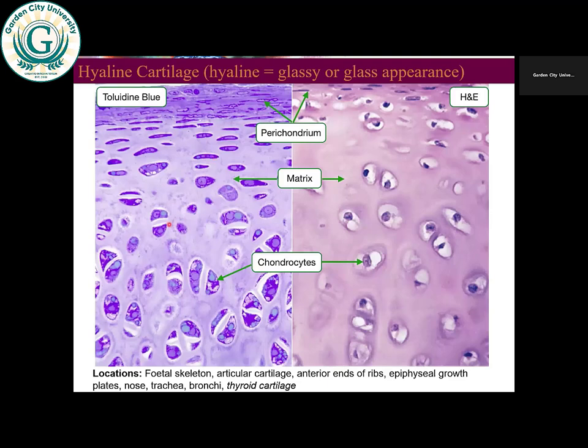But you see here now, it's surrounded by this thing that is around it. So now they are surrounded by their own matrix. So they are leaving a small space. That space is what we call lacuna. So at this point in time, we say that it has matured.